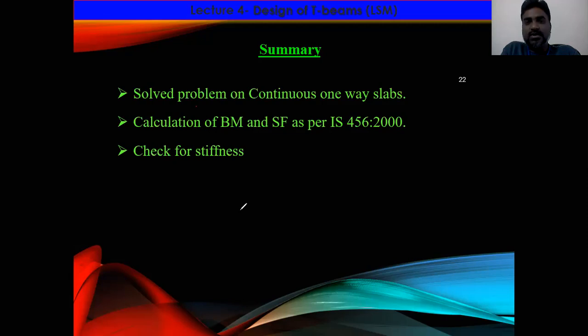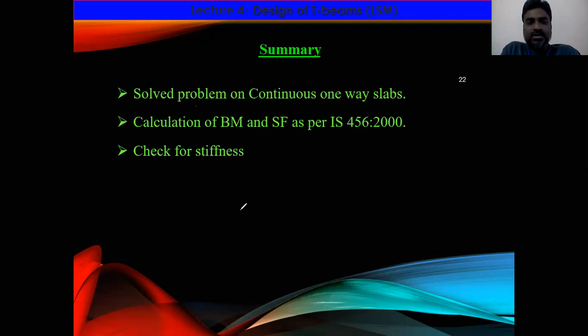In our case, the depth required is less than the depth provided. Therefore, we have calculated the reinforcement for supports based upon the support moment, and the reinforcement at mid span based upon the mid span moment, and based upon that we have calculated the area of steel required.